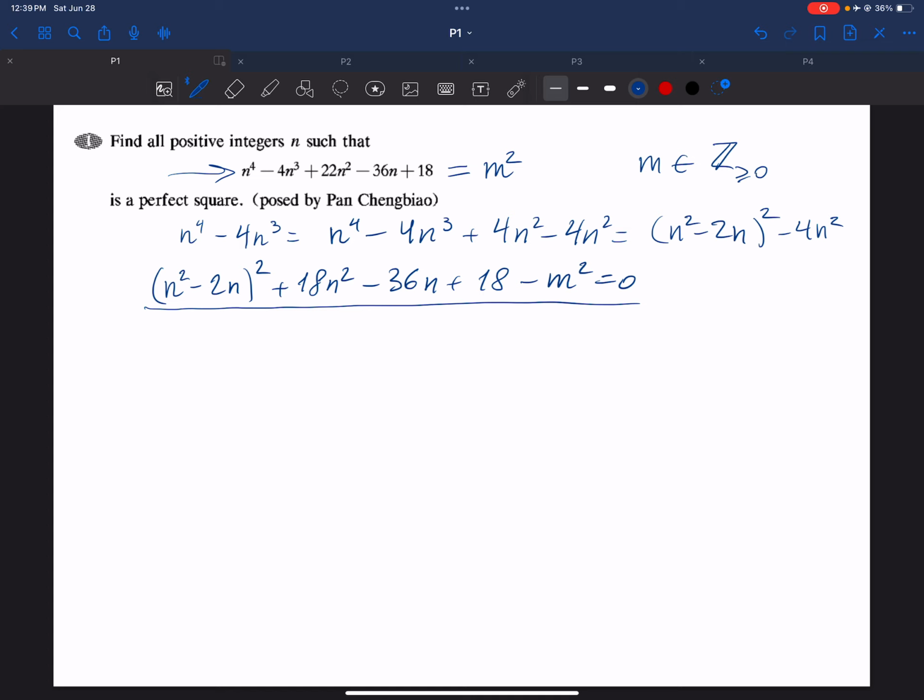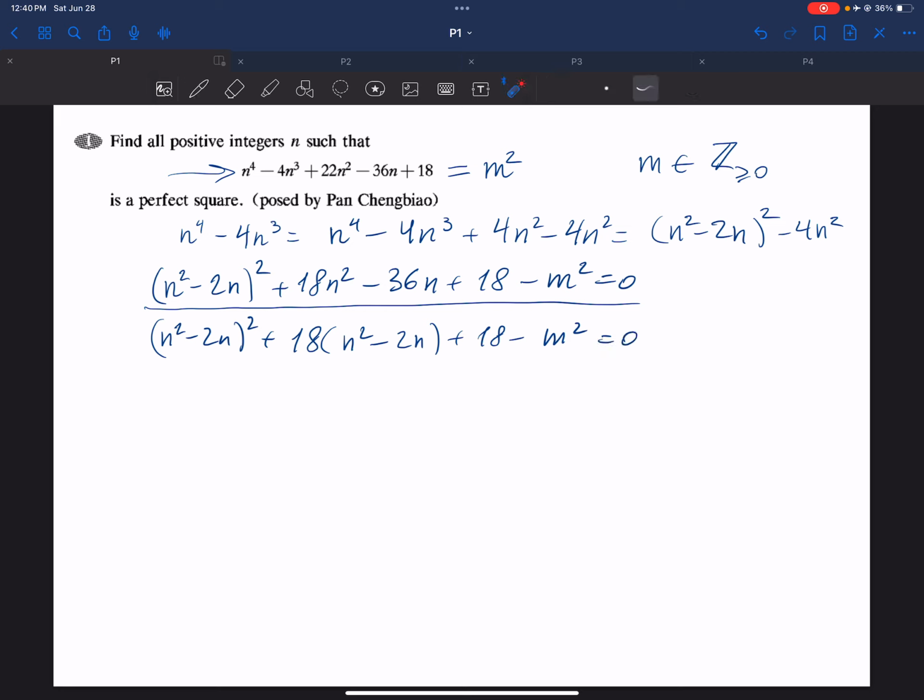Okay, now, look, we get n squared minus 2n here, and there's something similar going on here, namely 18 times n squared minus 2n, right, plus 18 minus m squared equals 0.